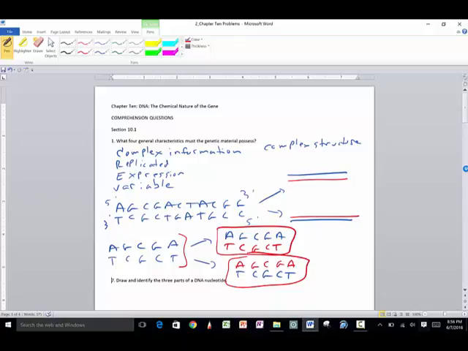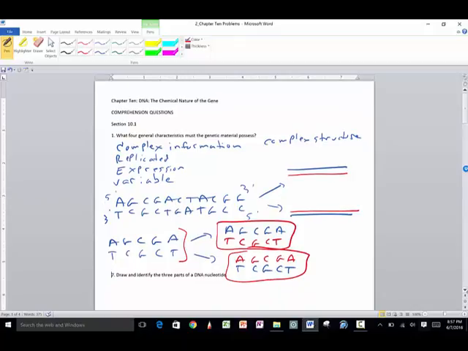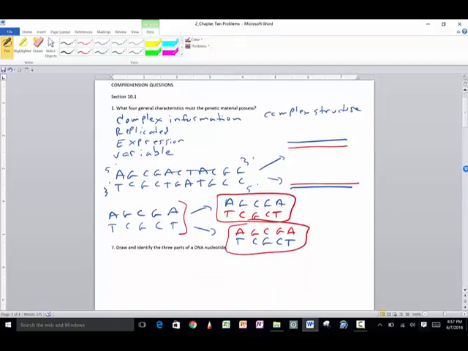Expression, we need to go from DNA to RNA. We'll talk about that in more detail later, and we'll talk about mutations later as well. But the most important thing that they came up with, they didn't really come up with the expression part or the variable part for a long time. But the first part was just that it had to be complex enough to store information, and that there had to be some obvious mechanism of replication.